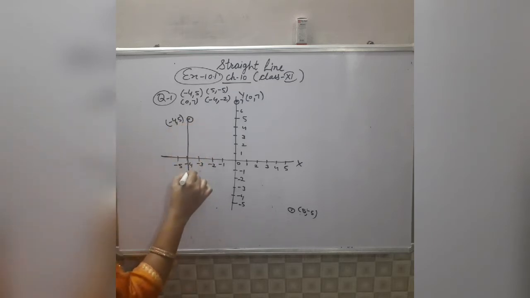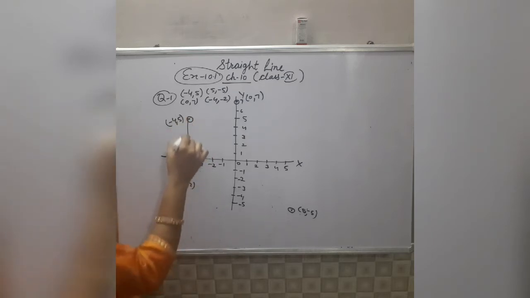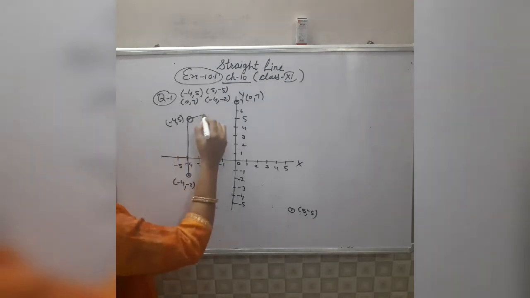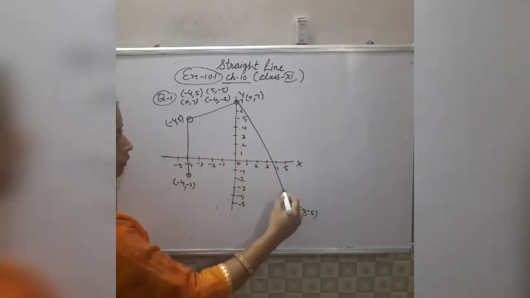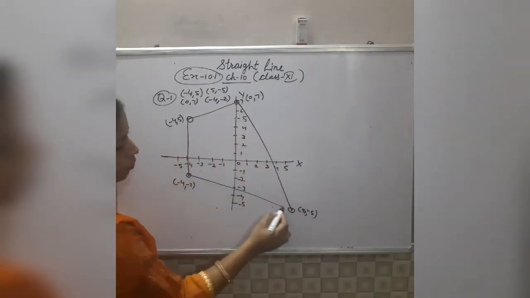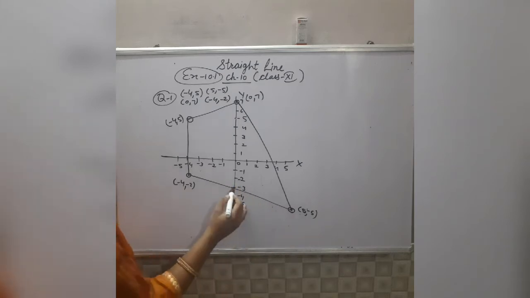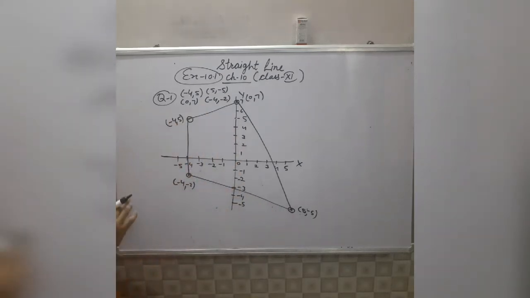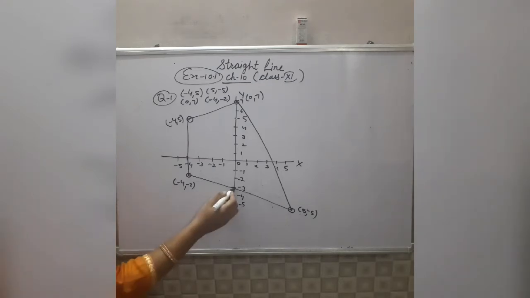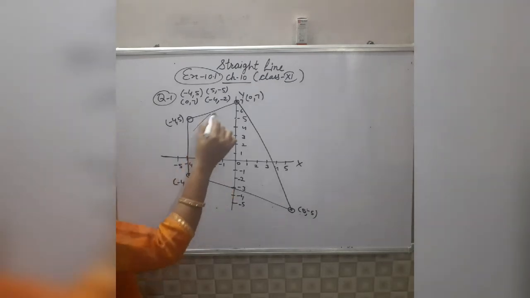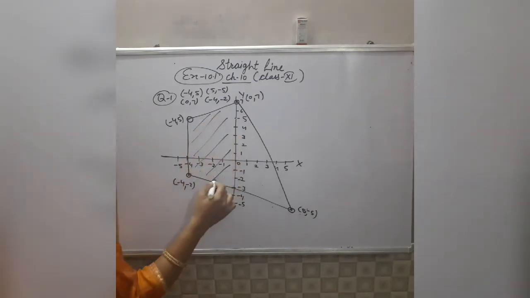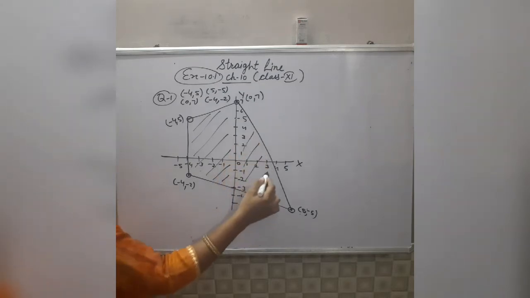And when you join these points, this type of quadrilateral is formed. Now we have to find the area of this quadrilateral. If you see very carefully, this quadrilateral is a combination of one parallelogram plus one triangle.